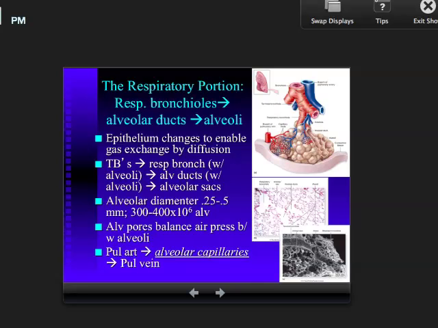So at last, we're talking about the respiratory system. It's about time we get to the part where gas exchange happens. We've gotten down now to the respiratory portion, and the respiratory portion includes respiratory bronchioli.